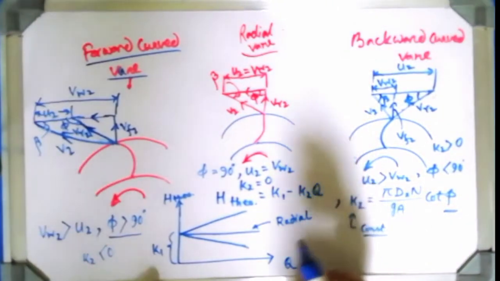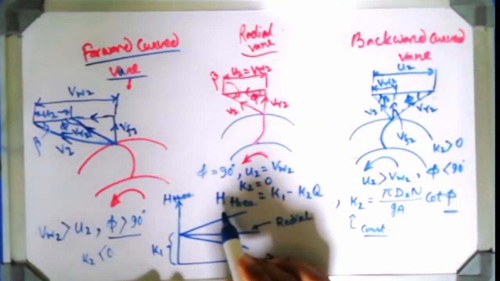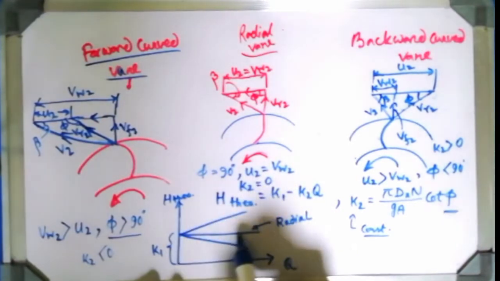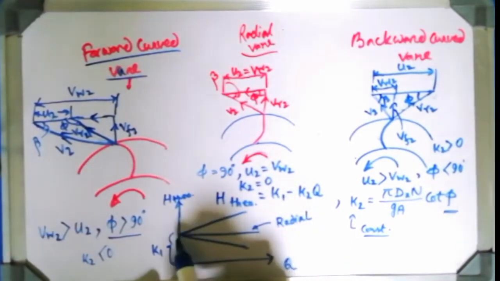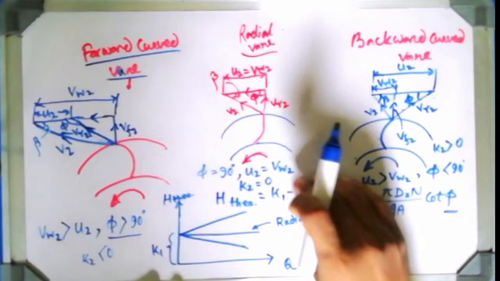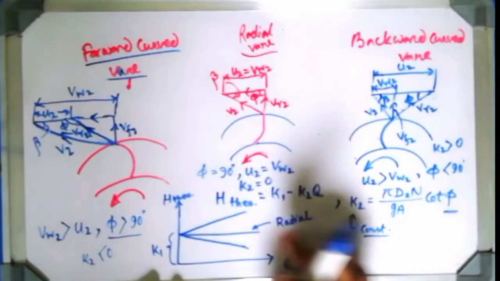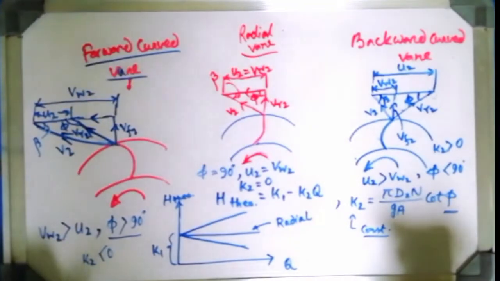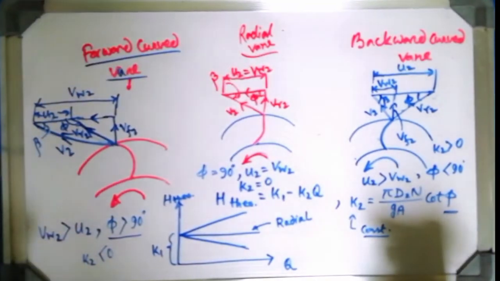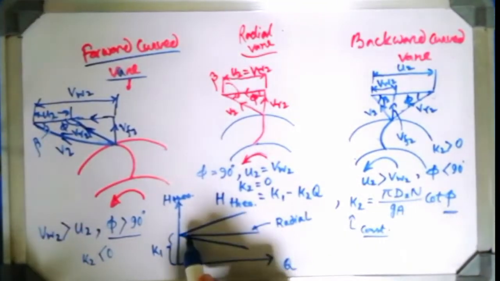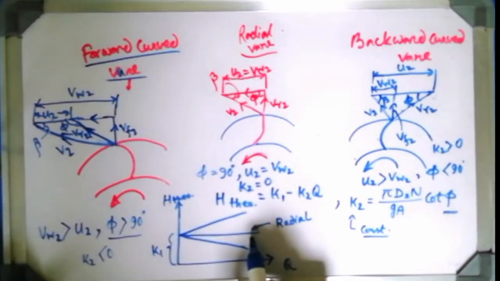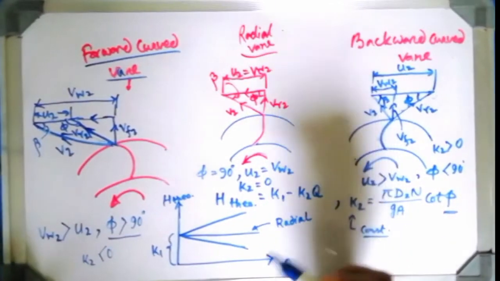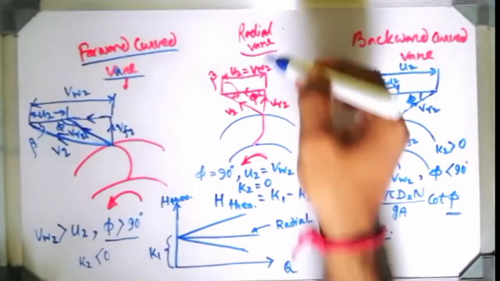For different values of Q, the theoretical head will always remain constant for the radial vane, because the K2 part is eliminated, so it will be a constant straight line having a value of K1. Any confusion, tell me. This horizontal straight line is representing the theoretical head developed by the radial vane.